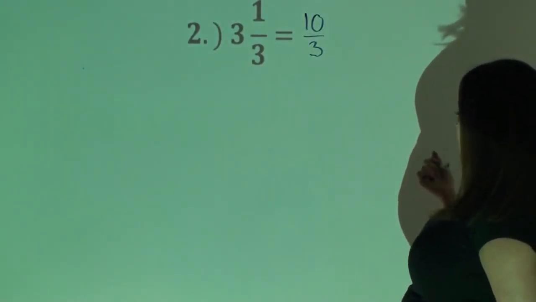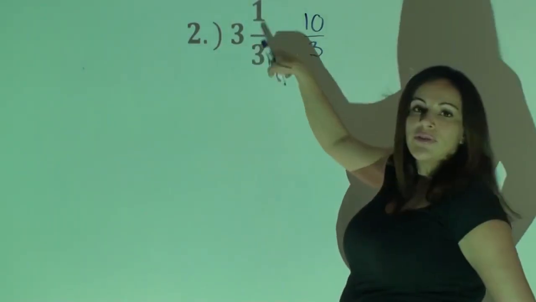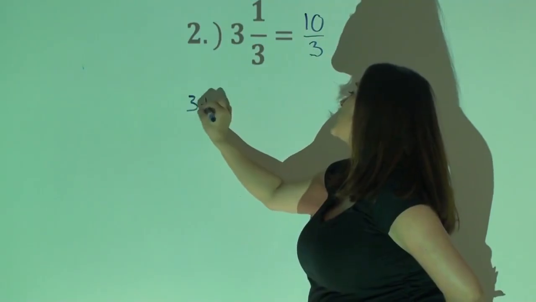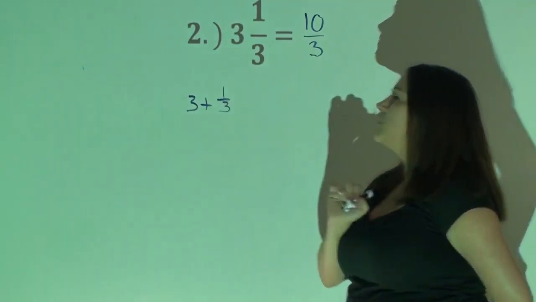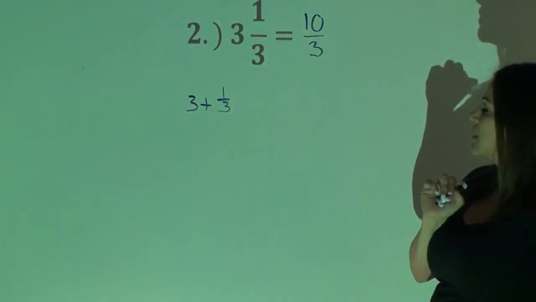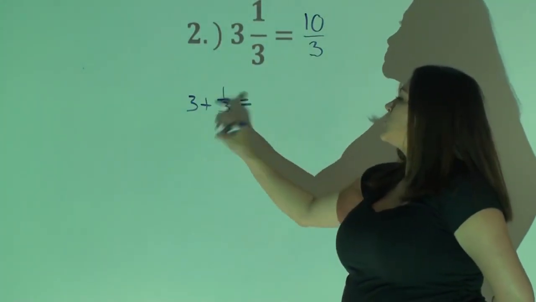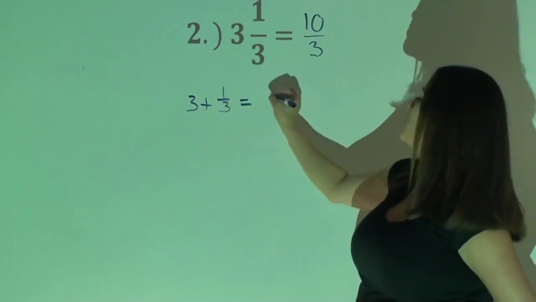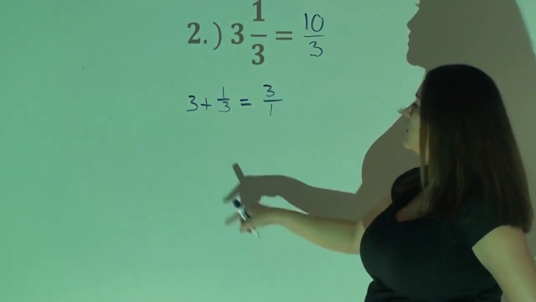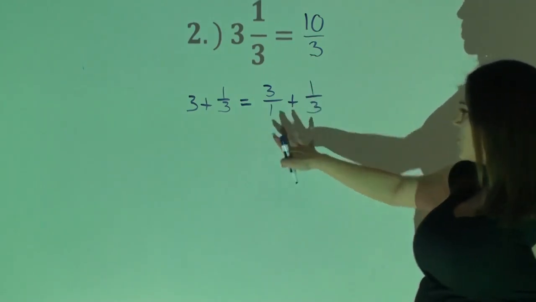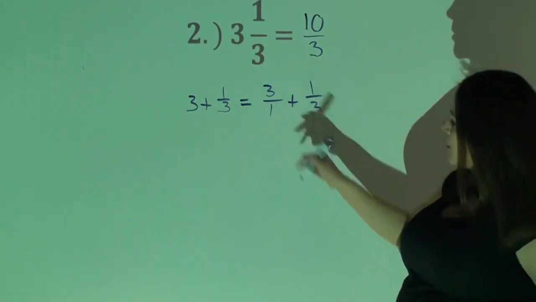But why this works is this 3 1/3, that actually means the same thing as 3 plus 1/3. It means the same thing. And this 3 right here, this integer 3, can be rewritten as 3 over 1, and then we're doing plus 1/3. Now, we know when we're adding fractions, we need a common denominator.